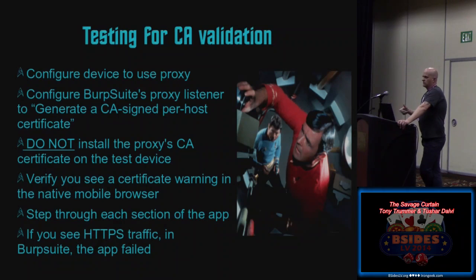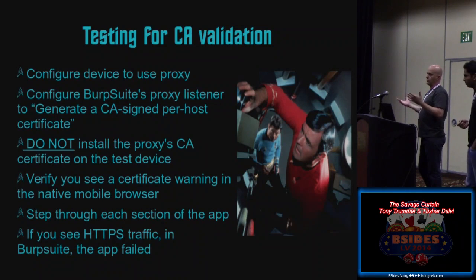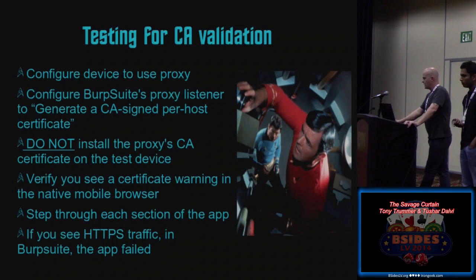So you basically just configure your device to proxy through it, and step through it. If you see SSL traffic, there's a problem, right? That's provided you did not install the PortSwigger CA certificate on the device first. And if you have, either way, you want to double check that you see a cert warning if you visit an SSL protected site in the native browser, just to make sure that it would throw up a warning if something was wrong, right?